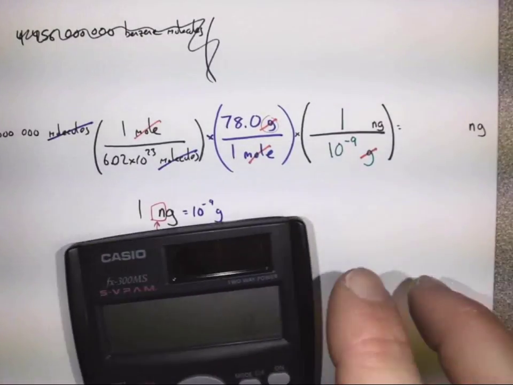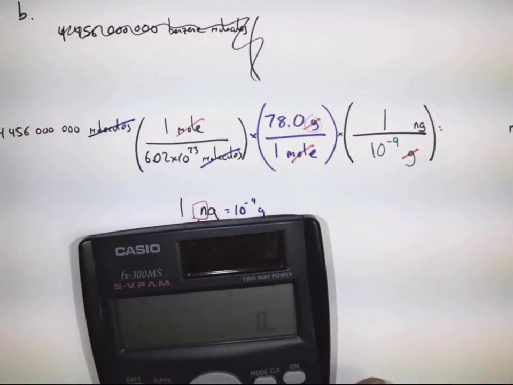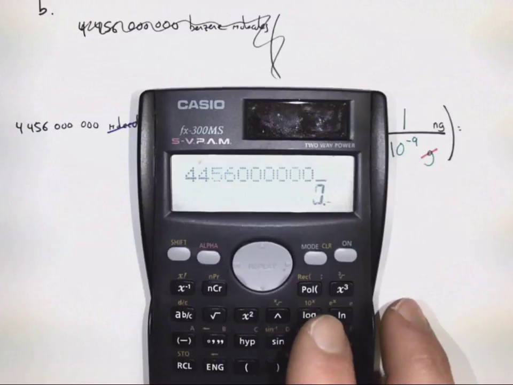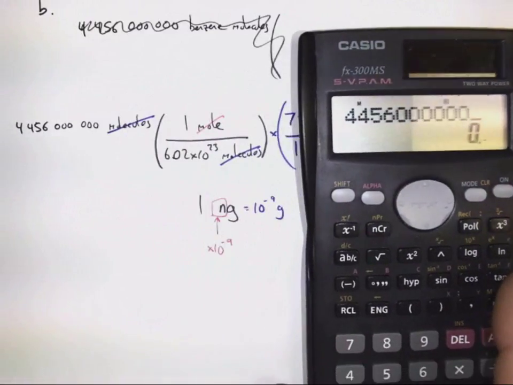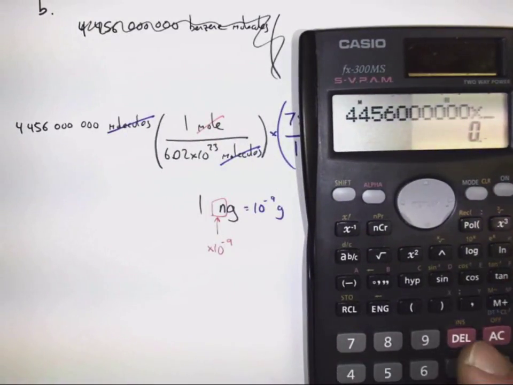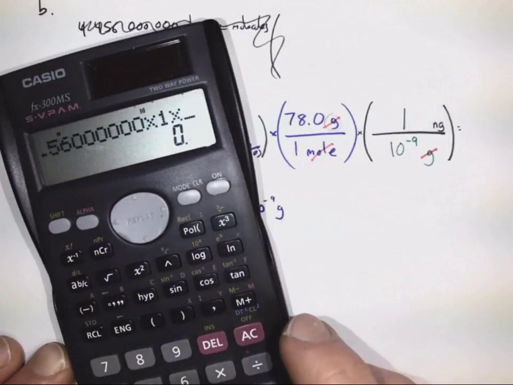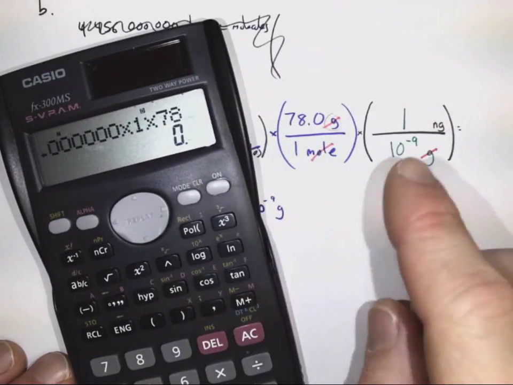All right, so let's see what happens when we punch all this into a calculator. We've got a long string of numbers, 4, 4, 5, 6, and then 6 zeros. I'll multiply the top numbers first, times 1, times 78, times 1.